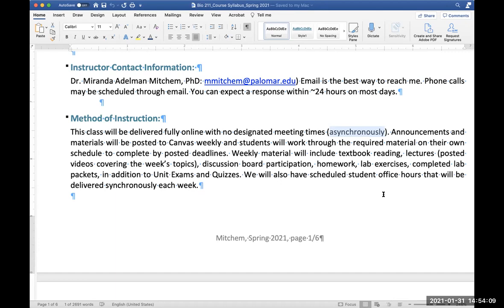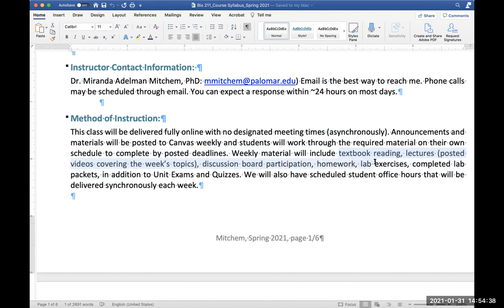There are no class meeting times. So you just go and access your different materials. You've got your reading assignment in your textbook. You've got the lecture material, which is posted in the format of your slides, as well as in a video format. You've got your discussion boards, which are released on most weeks. There's a few that span two modules. You've got homework most weeks.